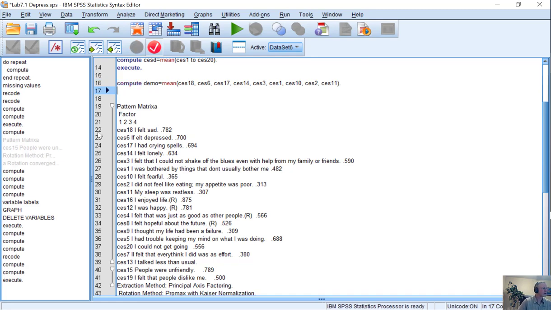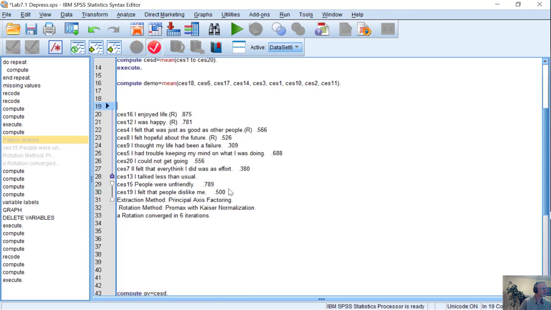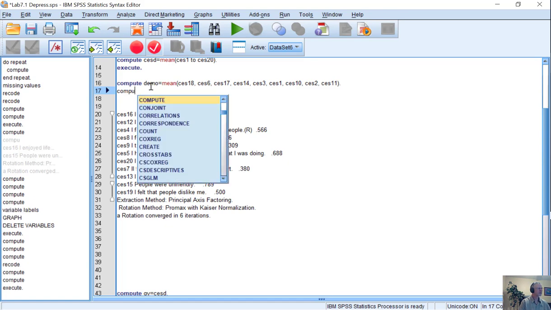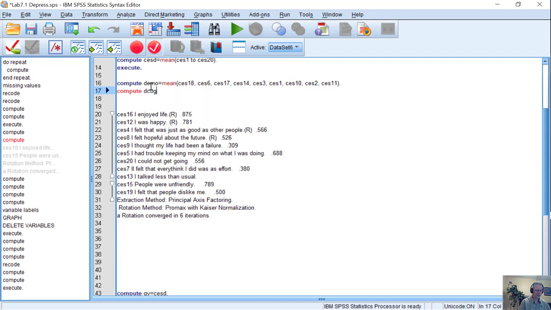End period. Now I know that's the case because on the pattern matrix, these started off with high loadings and went to low. And I remember from the previous results that gave me my first dimension. And then it starts over with the second dimension being high and then going down to low. And so compute for depression, and I'm going to call this my cognitive factor.